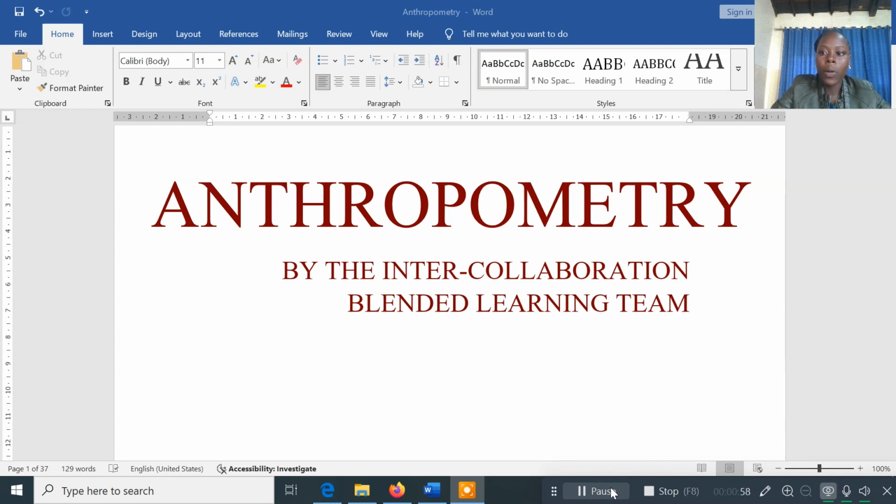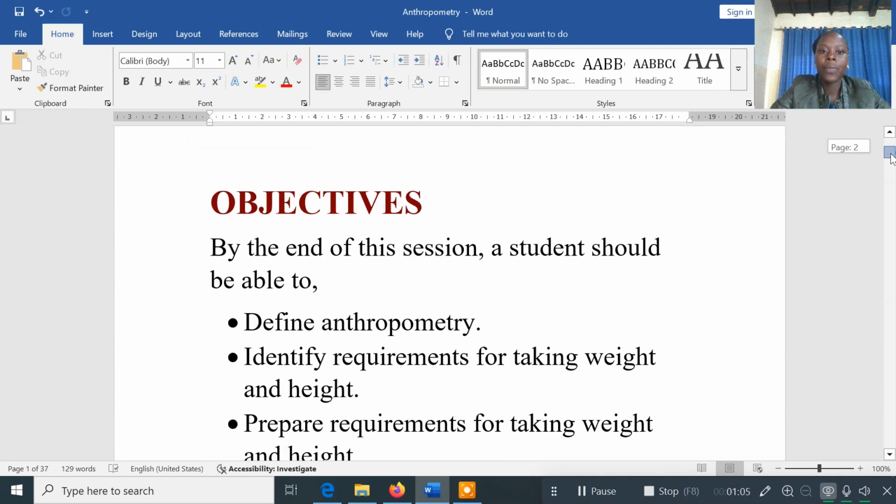So we are going to begin with our objectives for this session. Today we are going to be looking at the definition of anthropometry.